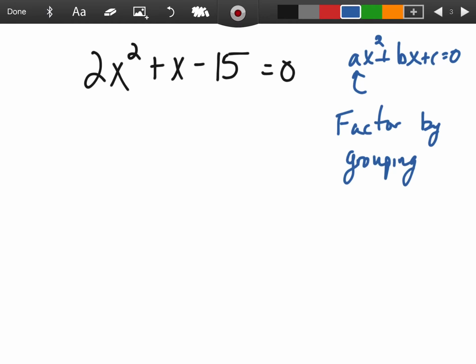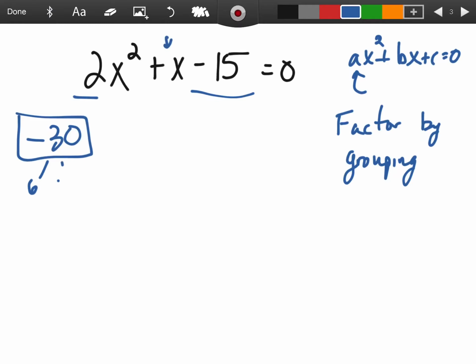So what that means is we're going to multiply the a and the c values together. So multiply 2 times negative 15. That gives me negative 30. And we're going to do exactly what we did before. We'll say what multiplies to negative 30 and adds to give me this b value right here, which is 1? That's going to be a positive 6 and negative 5.